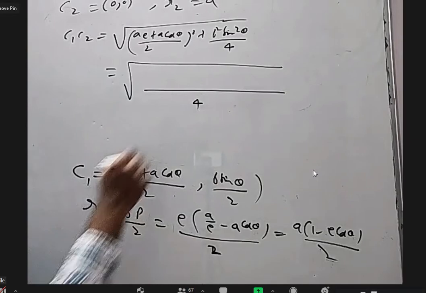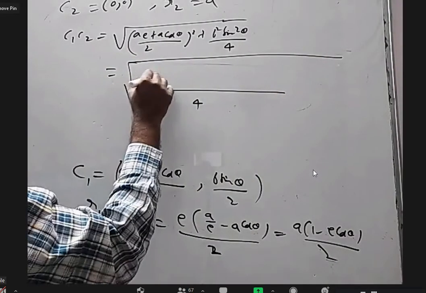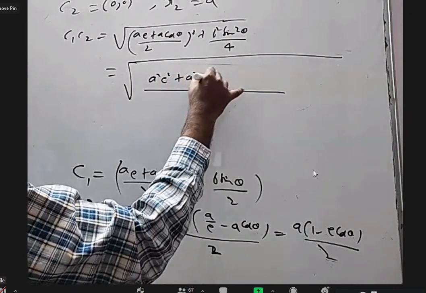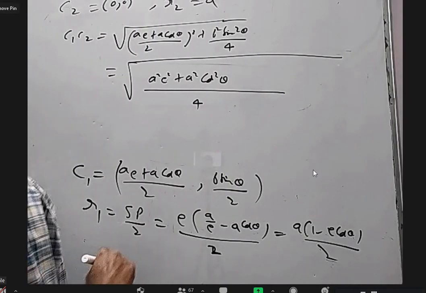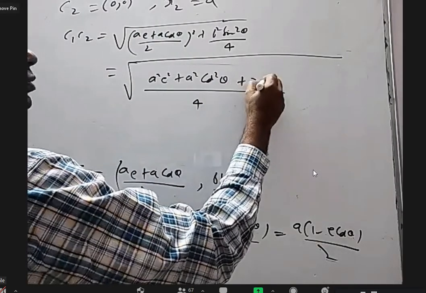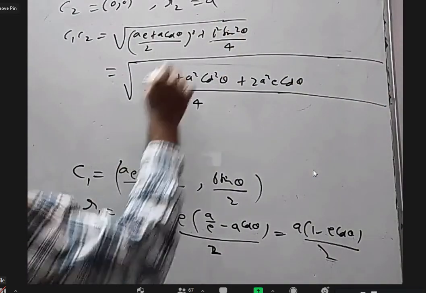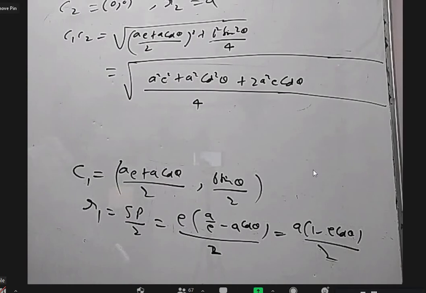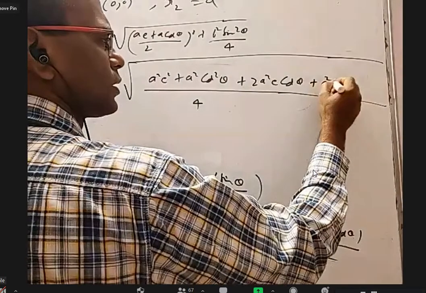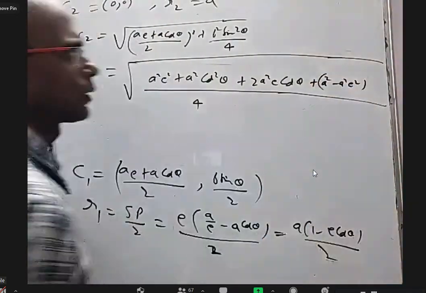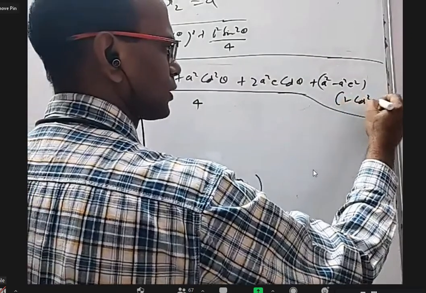This is 4. This is A square E square plus A square cos square theta plus 2A square E cos theta. This B square sin square theta, I can write B square as A square into 1 minus E square, and sin square theta is 1 minus cos square theta. So I want to write B square as A square minus A square E square, and sin square theta as 1 minus cos square theta.